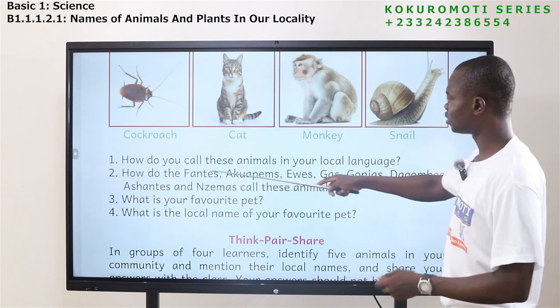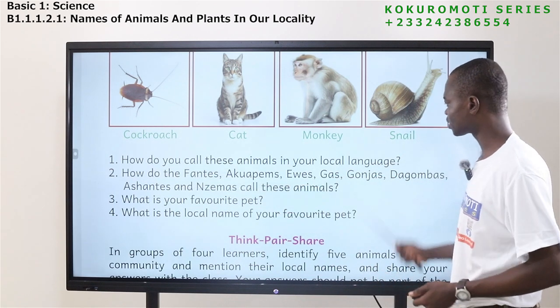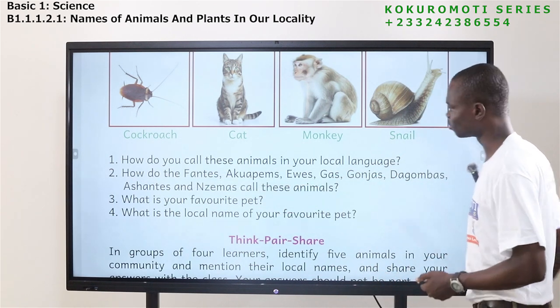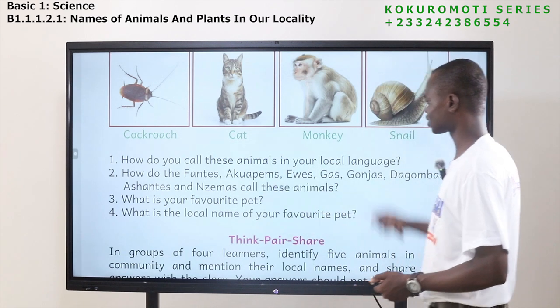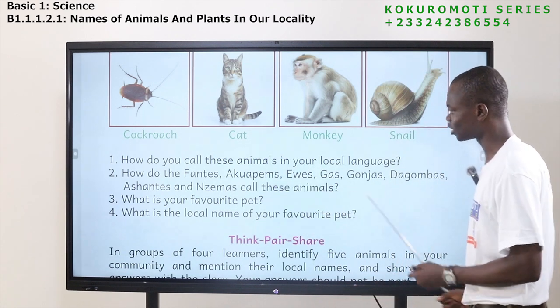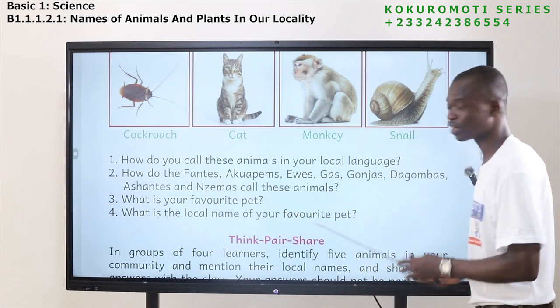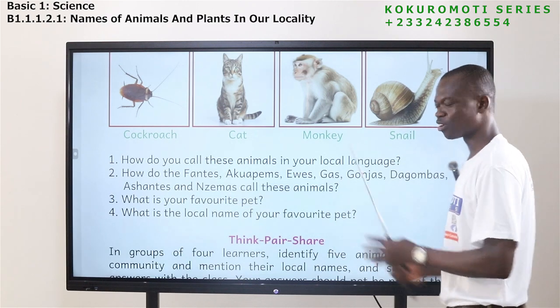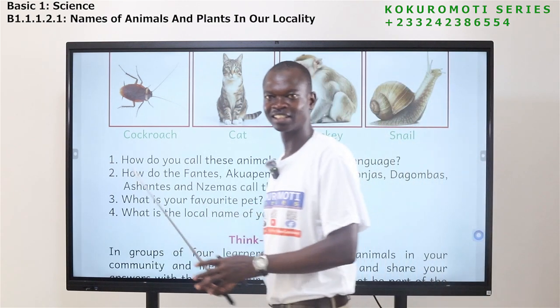So how do the Fantis, Equiapims, Ewes, Gans, Gonjas, Dagombas, Ashantis, and Nzimas call these animals? The names I mentioned belong to groups of people in different places.